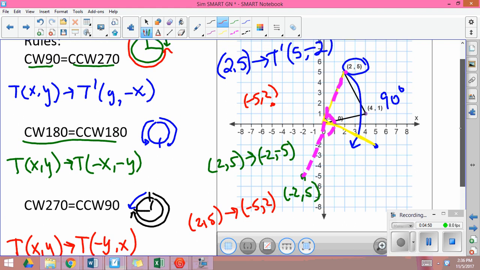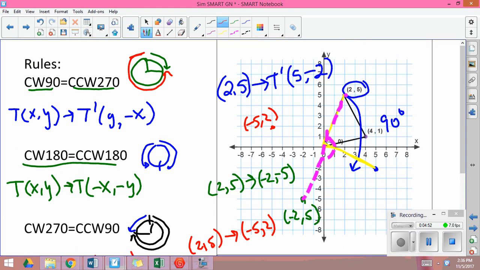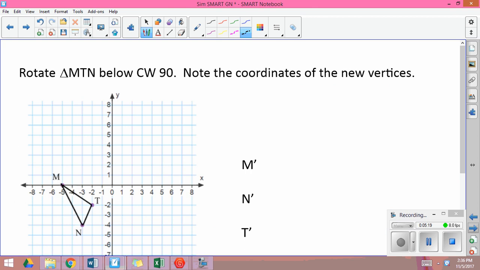And now you can see if we came in here and we drew that angle, I would have a 90-degree angle counterclockwise or 270 clockwise. So you have some sort of a visual guesstimate where you should end up after you run these rules. So let's look at a couple of examples.